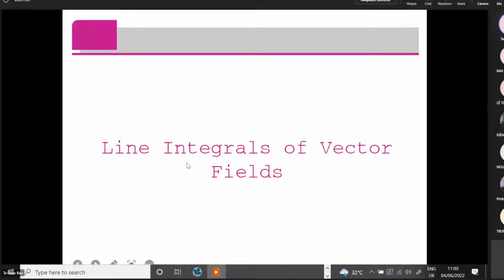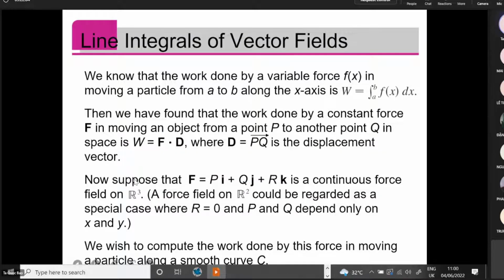Okay. So now next is very interesting and important: line integrals of vector fields. We know that the work done by a variable force f(x) in moving a particle from A to B along the x axis is W, the integral from A to B of f(x) dx.